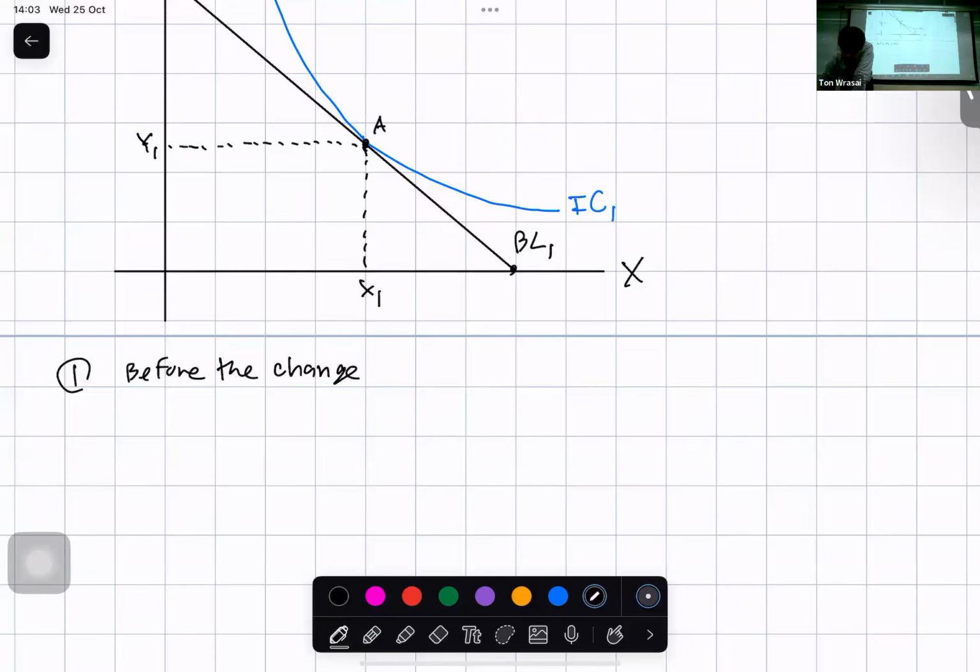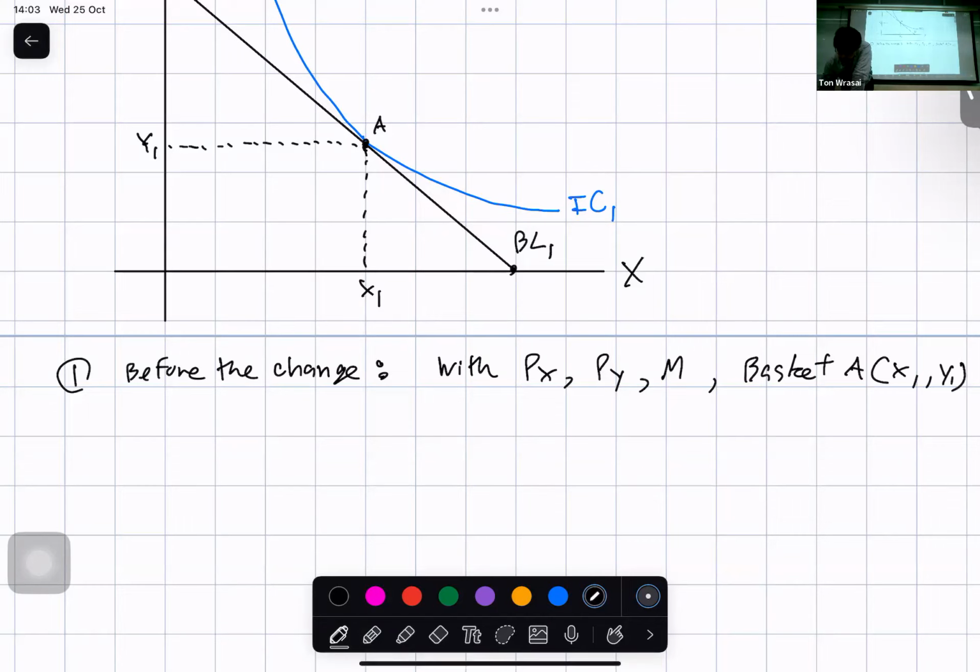Before the change, we just report what the picture says. Given the price of pizza, Pepsi, and M, basket A, X1, Y1, maximizes his utility level.